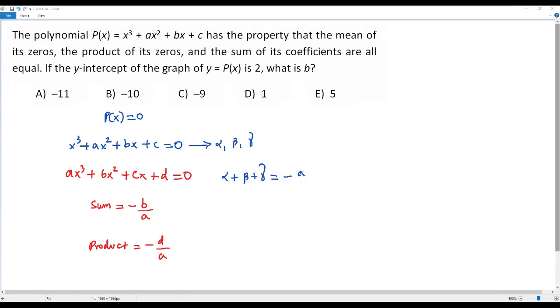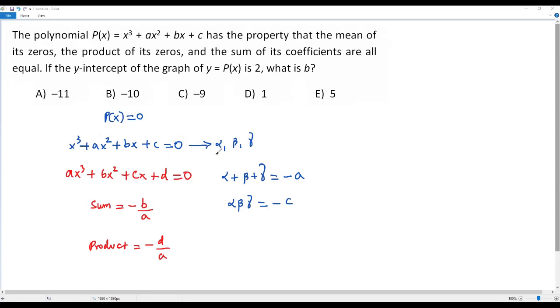Negative a over 1 is just negative a. Now, the product of the 3 roots, alpha, beta, and gamma, equals negative the constant term, which here is c, divided by the coefficient of x cubed, that is 1. Negative c over 1 is just negative c.